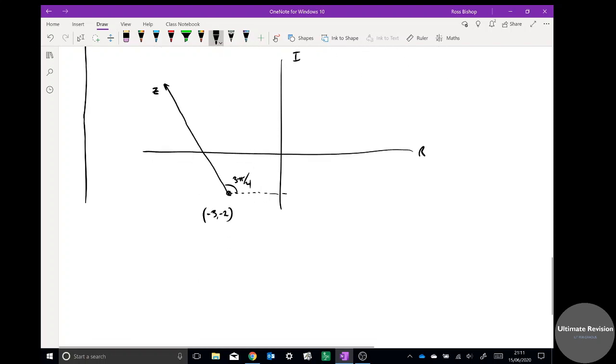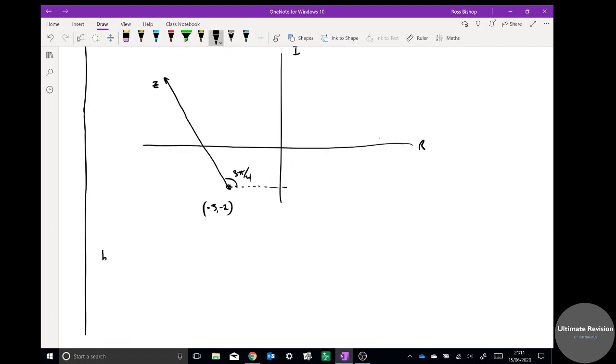Now it says find the Cartesian equation, part B. So what's the equation of that line? Find the Cartesian equation of the line. Now this is where we need to use clever right-angled triangles.